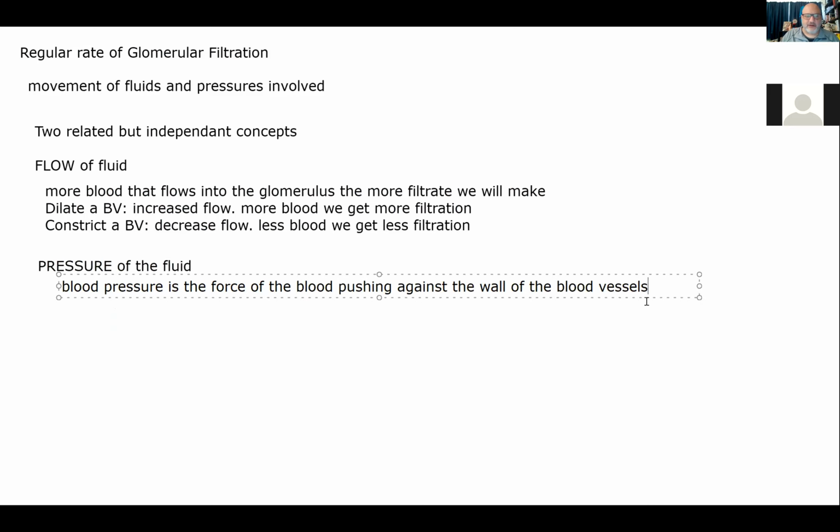So here's the trick. Notice when we dilate a blood vessel, what does that do to the pressure of the blood inside of it? Right? If we dilate a blood vessel, there's more volume, more space, let's say it that way, in the blood vessel. And when there's more space in the blood vessel, what happens to the pressure of the blood?